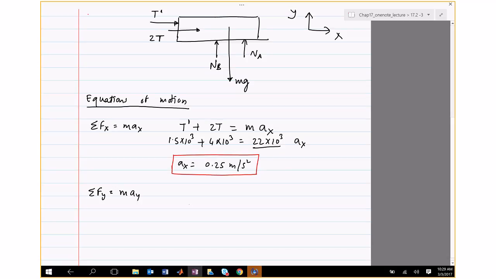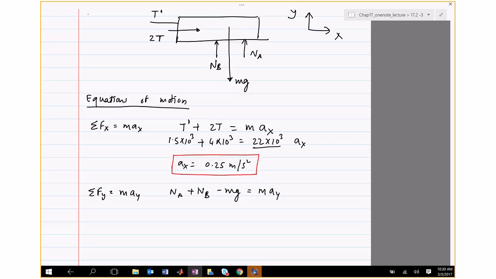So the net force in the y direction, the external forces are NA acting in the positive y direction, NB also in the positive y direction, and mass times gravity acts in the negative y direction, so that's minus mg, equals mass times acceleration in the y direction. Okay, so does the plane have acceleration in the y direction?